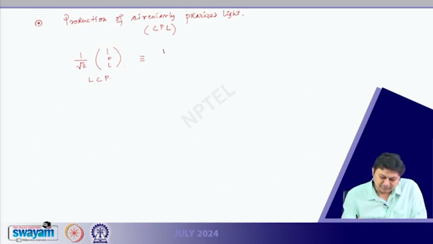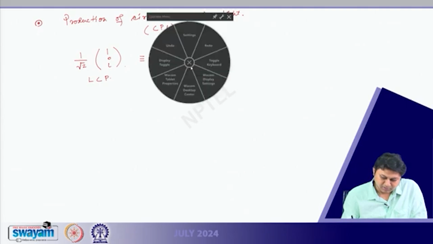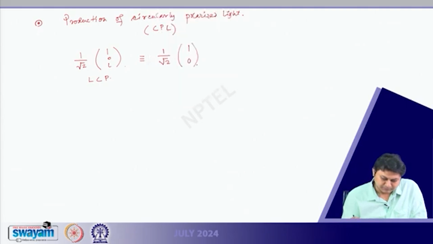I can write this left circularly polarized light as a combination of linearly polarized light in this way.